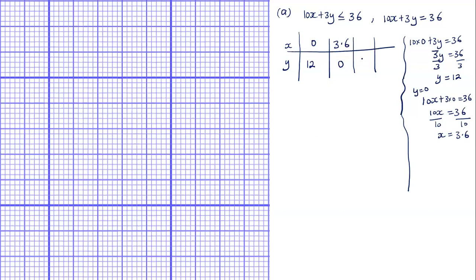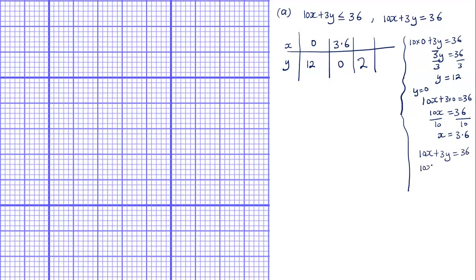For me, I can use, let me say, when I use my y as 2, you notice I can have 10x plus 3y is equal to 36.